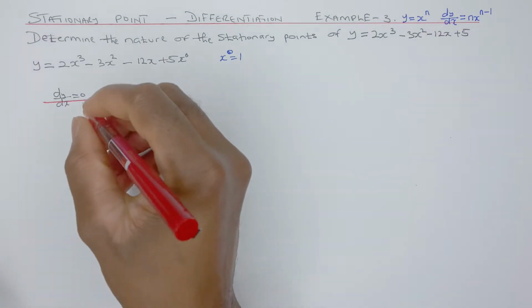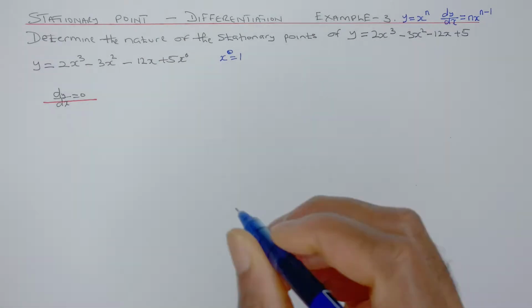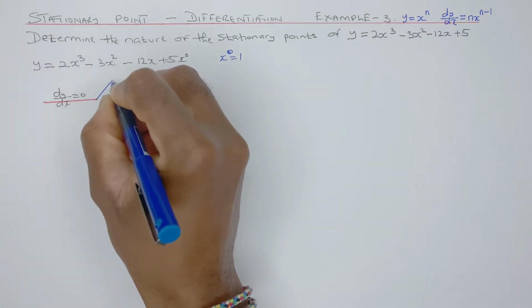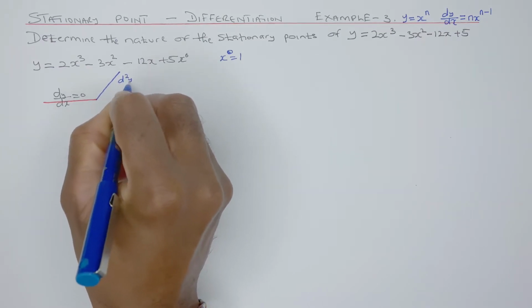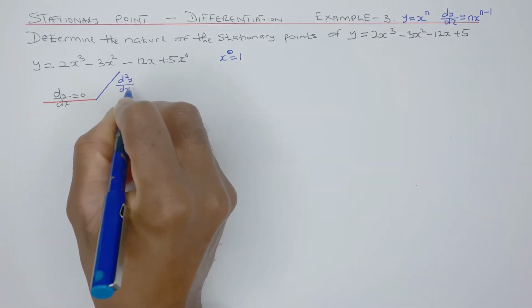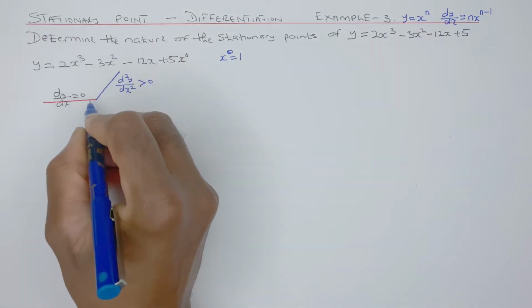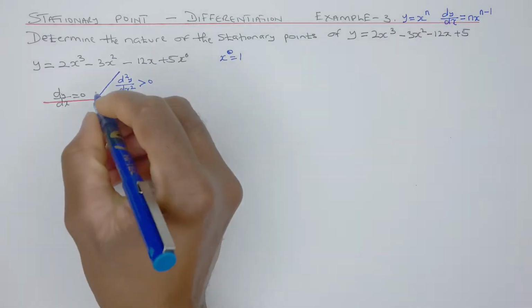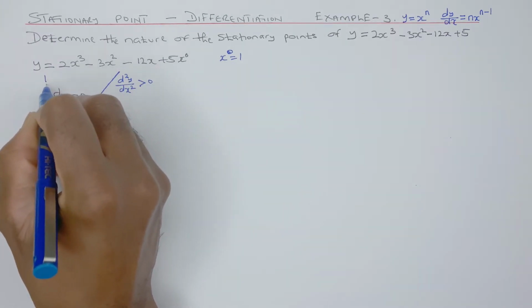If the gradient goes from 0 to positive, so if d2y/dx squared is greater than 0, then it is a minimum, because you can see here, this will be minimum.